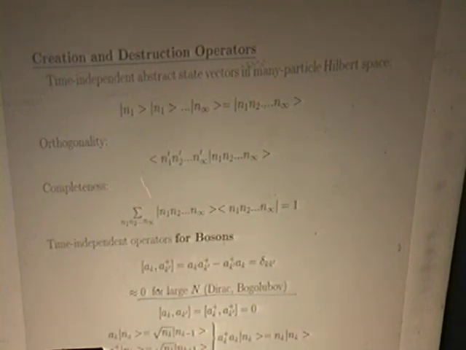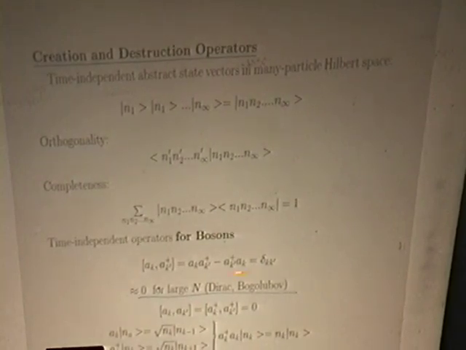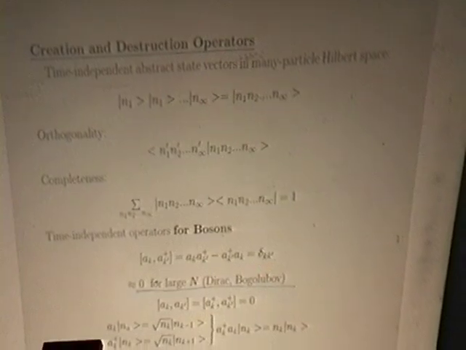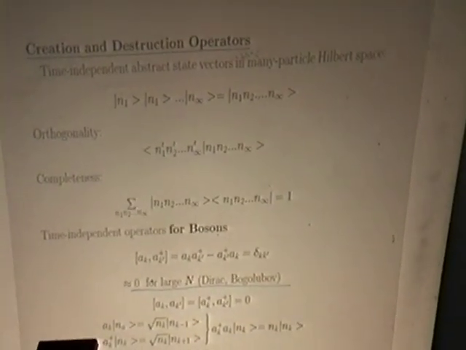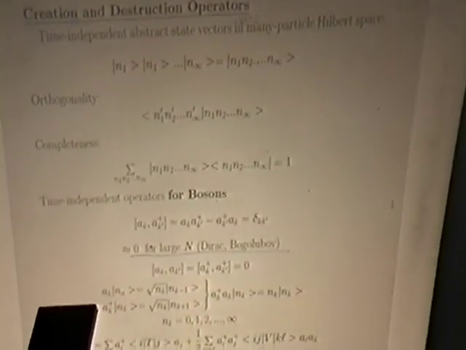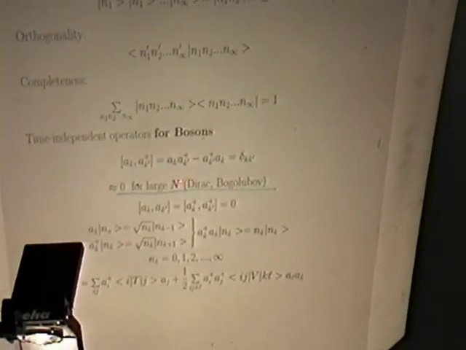The reason I'd like to mention this is that Dirac, in his 1933 quantum mechanics book, in one of the chapters, made the statement that for large N bosons, this commutator, instead of the delta function, can be set to 0 because the expectation values of the operators are so large.